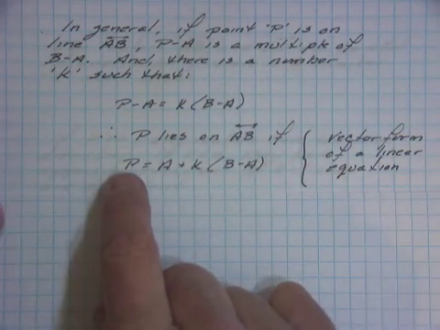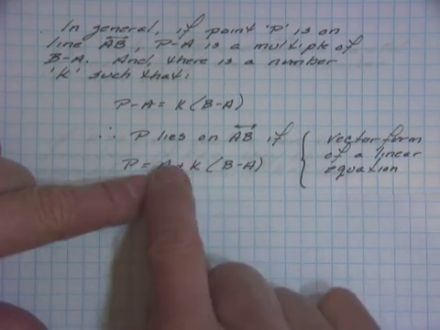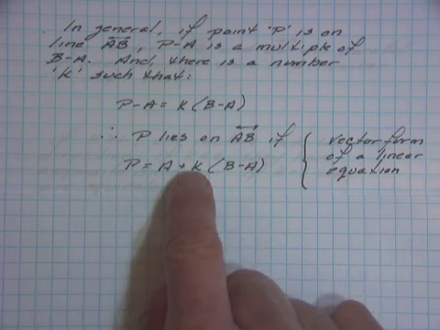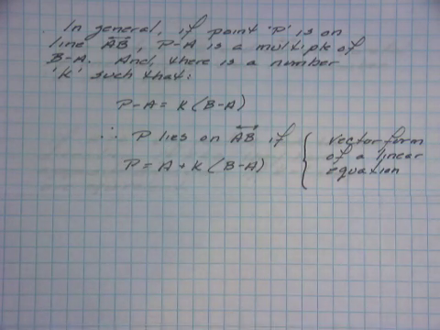So you've had standard, point slope, slope intercept, bang, there's your fourth one. The vector form of a linear equation. Just keep in mind, all it's saying is that the point P will lie on the same line as A and B.